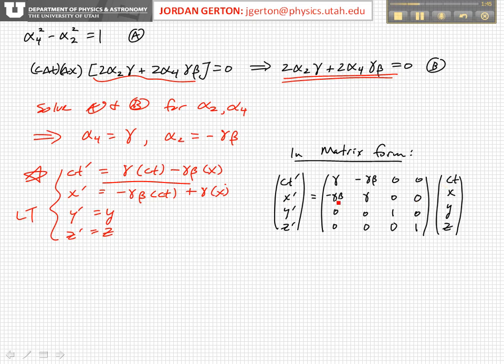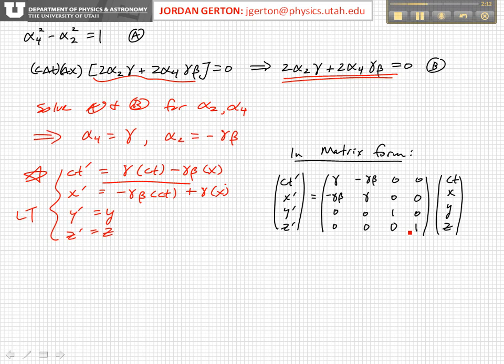So it's minus gamma beta times ct plus gamma times x plus 0 times y plus 0 times z, which gives the second row, second equation. And similarly, y prime is equal to 0 times ct, 0 times x, 1 times y, plus 0 times z, and so on.